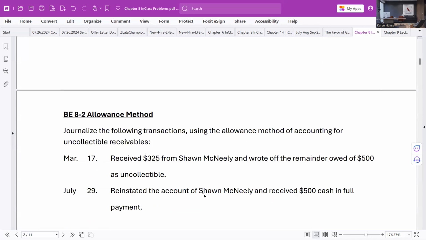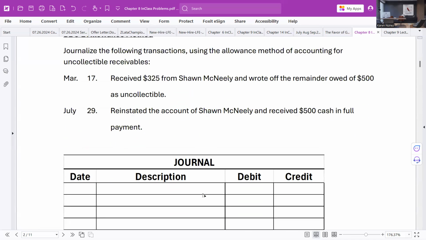Let's talk about the allowance method now. In this situation, we're going to write off the same account, the same situation. We're only able to collect on 325 of an $825 debt, but we're using the allowance method, not the direct write-off method. Again, March 17th. We recognize that we're getting some cash, $325.